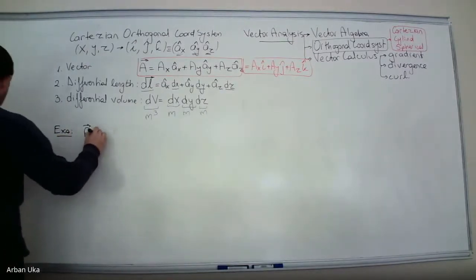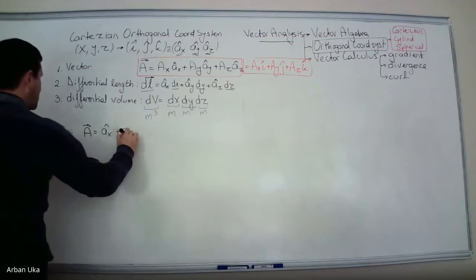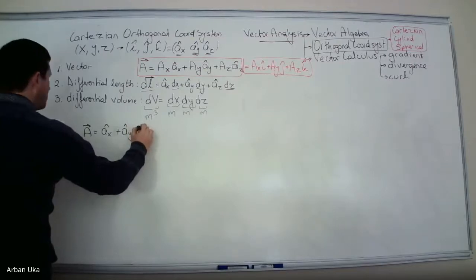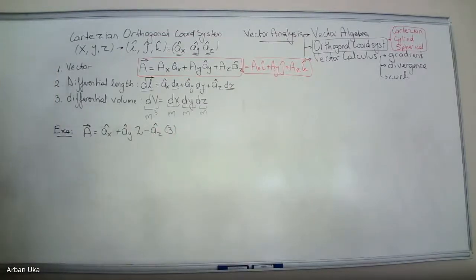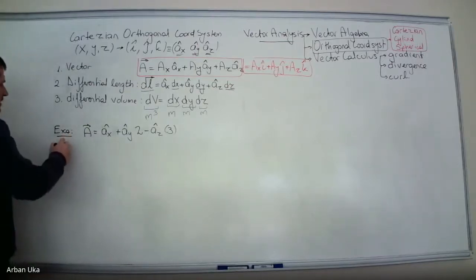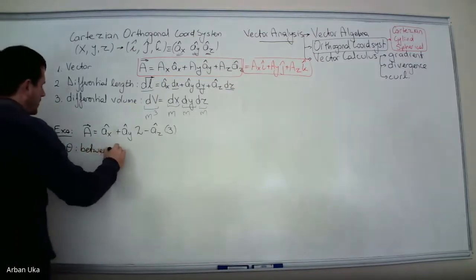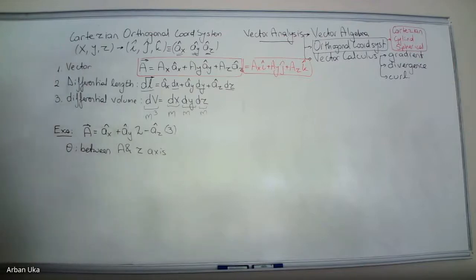If we have a vector A, which is equal to ax plus ay 2 minus az 3, we can ask a question like this: find the angle theta between A and the z-axis.